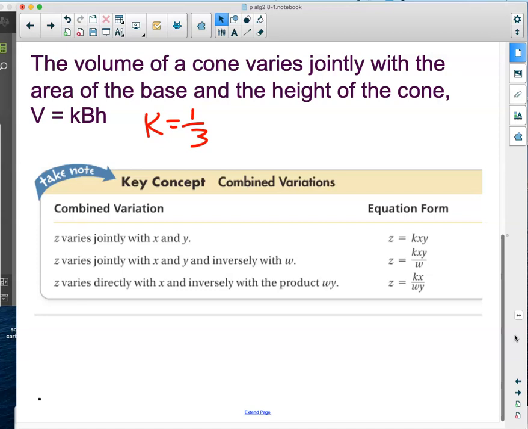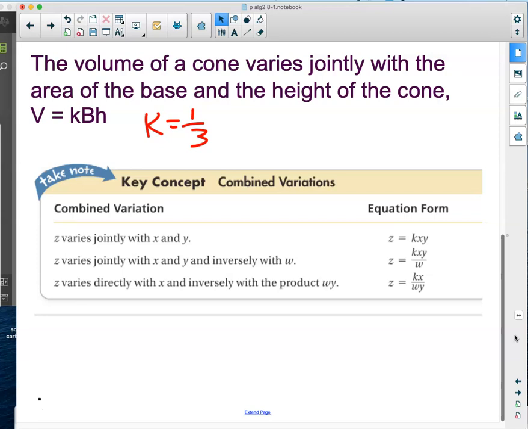So again, we just keep our eyes open for inversely because inversely tells us we have to divide. The second one says z varies, so immediately z equals k. Varies jointly with x and y, that's multiplication, times xy. Inversely, oh, I stopped. That's division. Divide by what? W. And there it is.